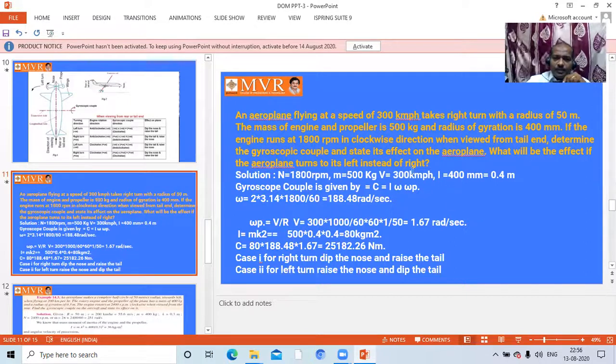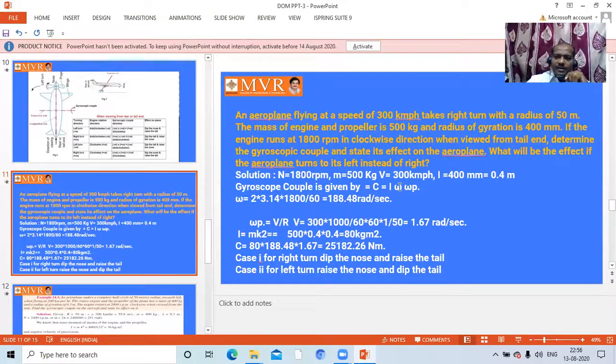For the gyroscopic couple, the formula we have derived is C equals I into omega p. I is called the moment of inertia, that is m k square. M is the mass of the propeller and engine, and k is the radius of gyration, which is given. So I is equal to m k square, which I have solved here, and thereby we get the value.